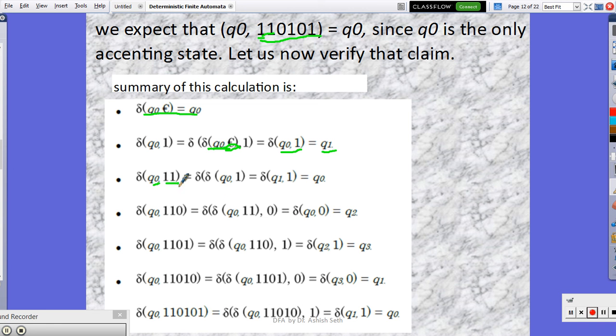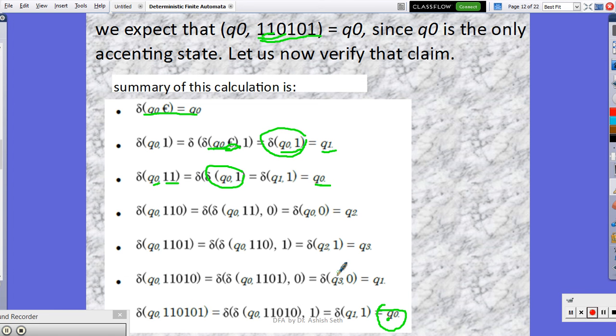How can I do it? I can do it by using this transition. So I can say delta Q1 1, we are reaching Q0. So the next is Q0 1 1 0. Likewise, if you trace the entire string, we get that we are finally reaching Q0, and Q0 is a final state. So we can say that this string is accepted.